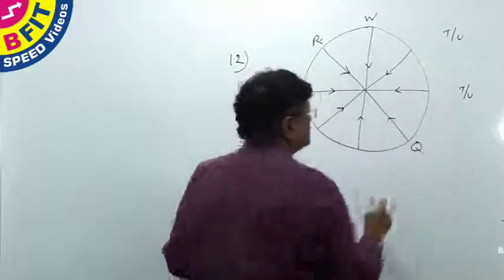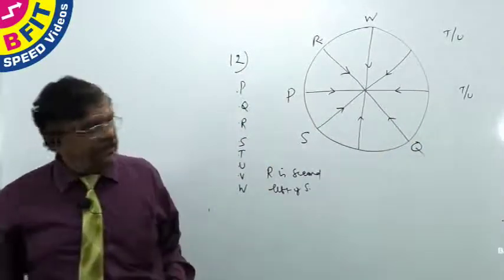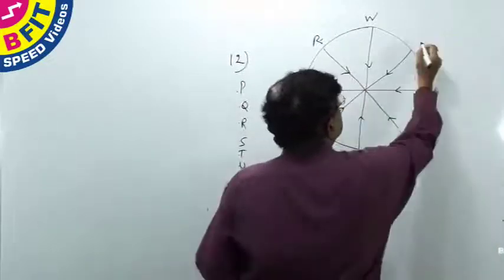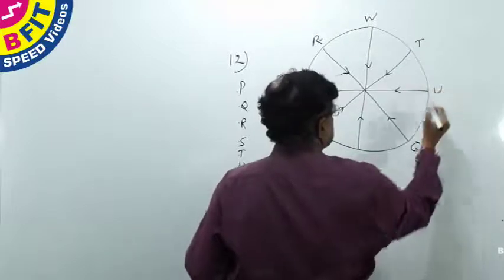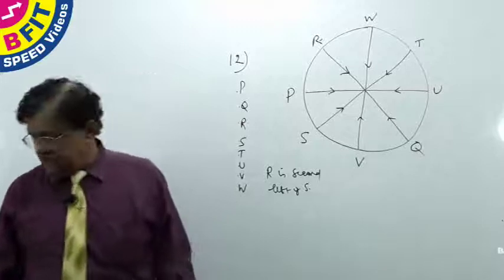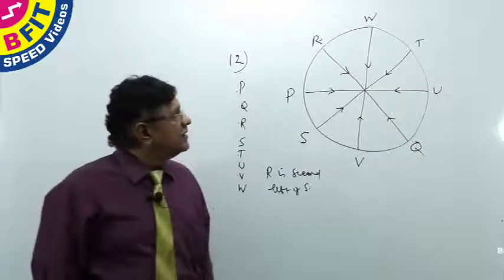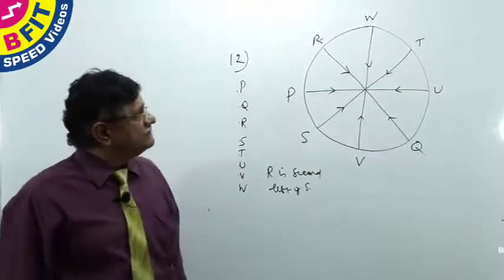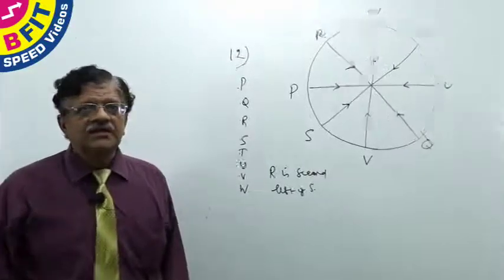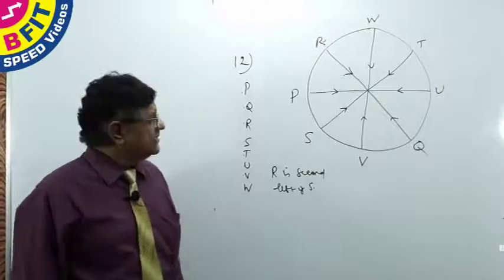Therefore T has to sit here and U has to sit here. Then automatically V sits here. Now we have pieced together the whole puzzle. So this is the way in which all the 8 persons will be sitting.